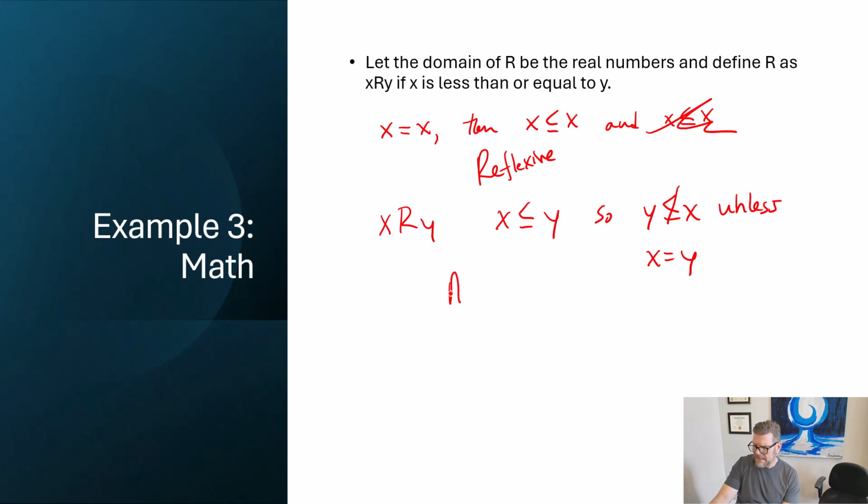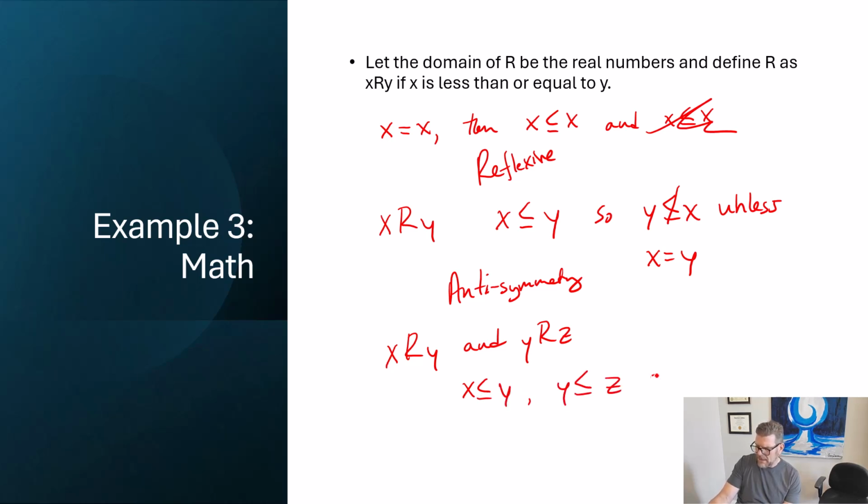That's our antisymmetry. And if x is related to y and y is related to z, then x is less than or equal to y and y is less than or equal to z, so x has to be less than or equal to z. So x is related to z, and we have our transitivity. So you can see that our less than or equal to sign is also a partial ordering, although it's not the only one.